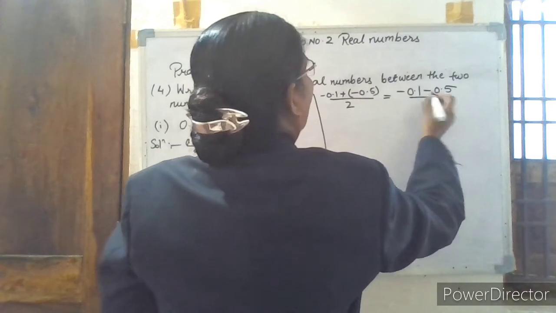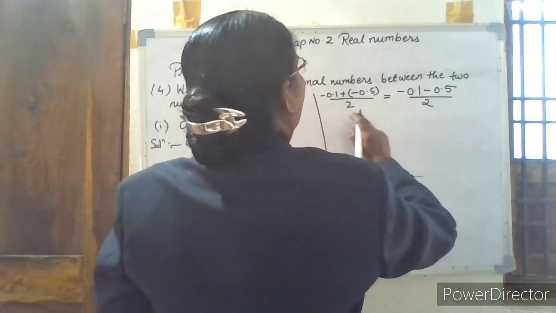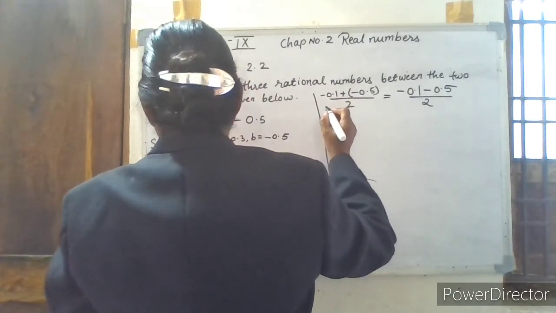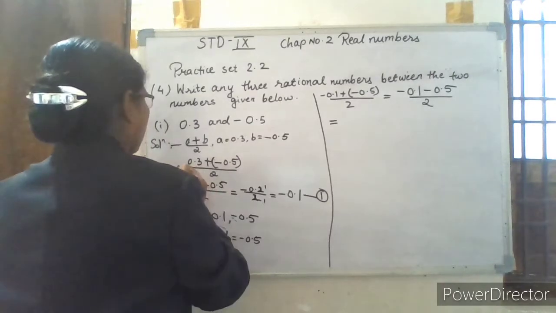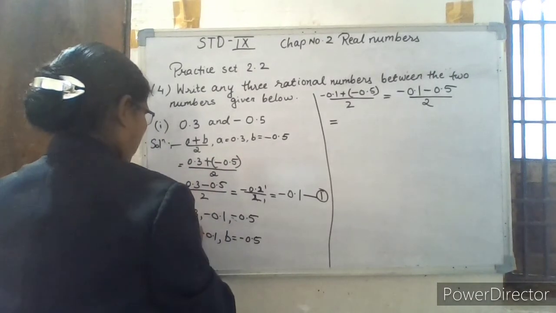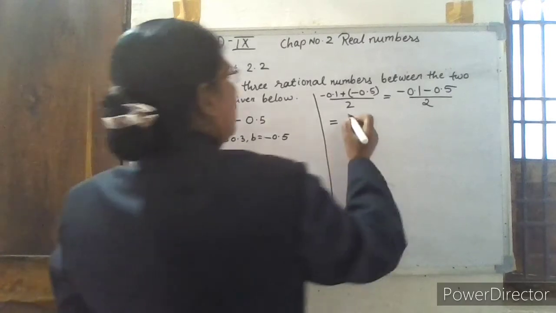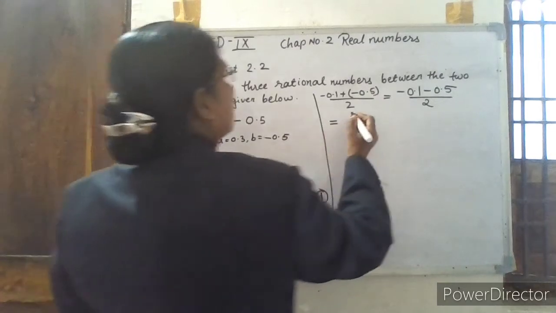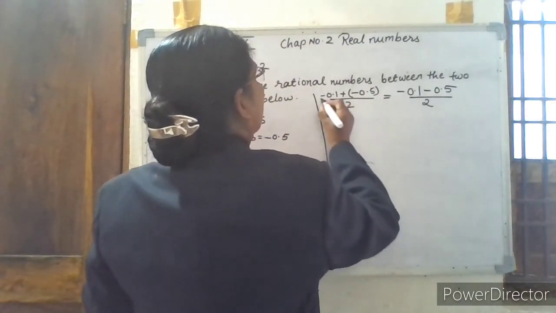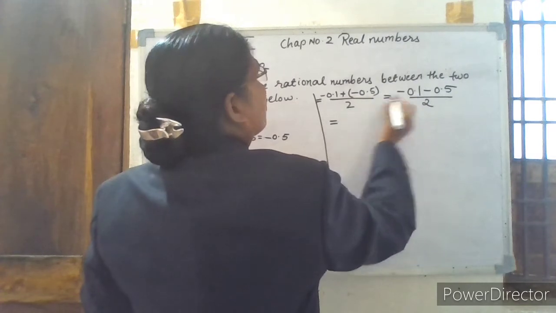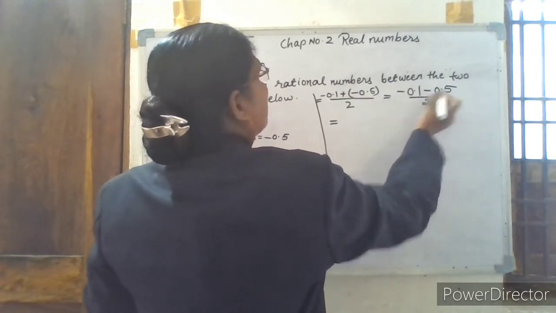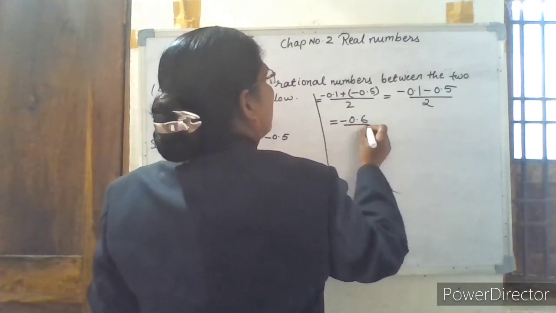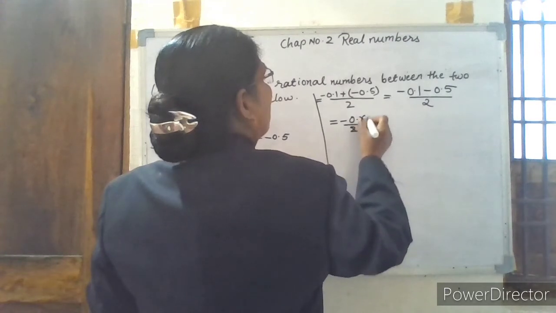upon 2. Both the signs are same. Add and put the same sign. So it will be equal to minus 0.6 divided by 2. 2 ones are 2, 2 threes are 6.